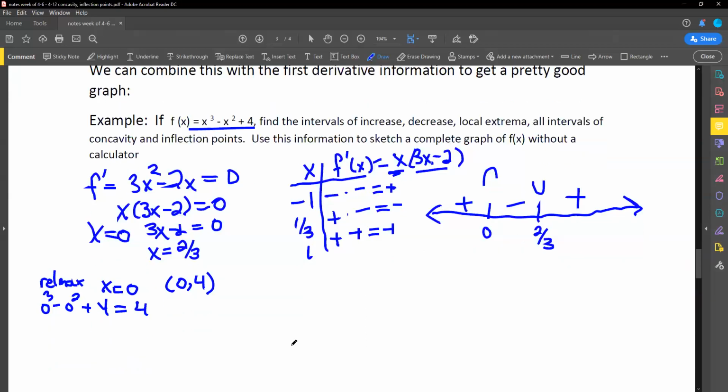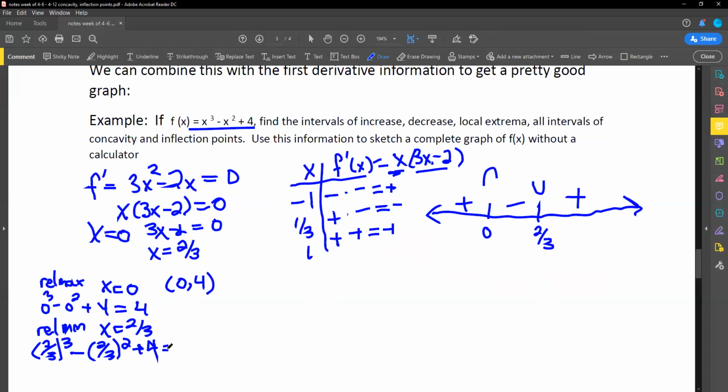So if I plug in 2/3, I'm going to use a calculator for that because that's going to be gross. I got to plug it into the graph, so it's 2/3 cubed minus 2/3 squared plus 4. I'm just going to use my calculator because that's a little bit of fraction work, which we don't need to work with too hard.